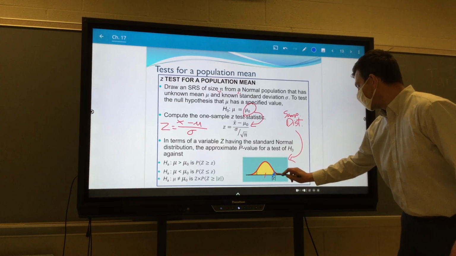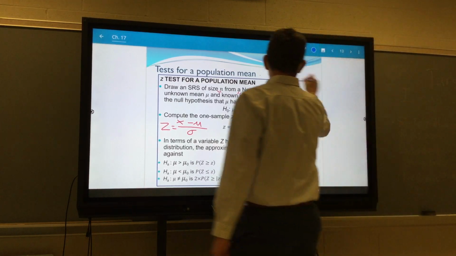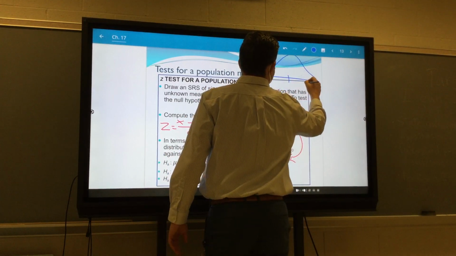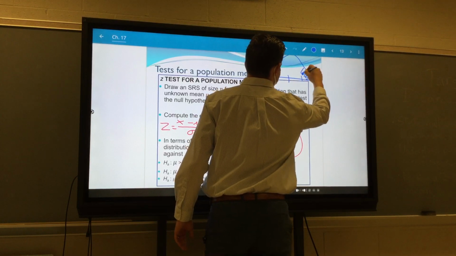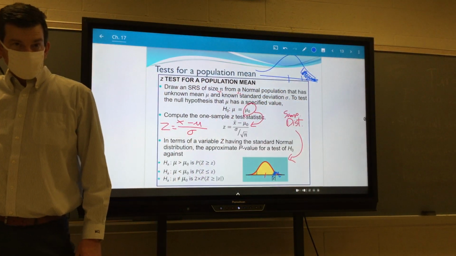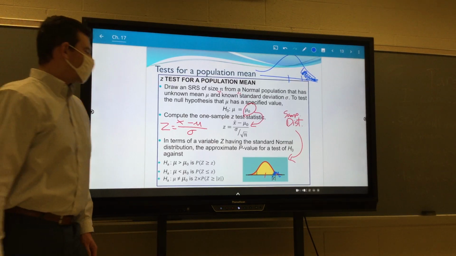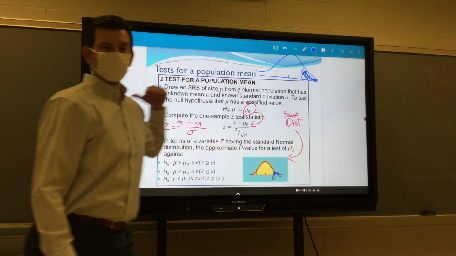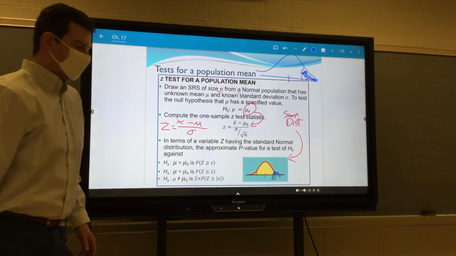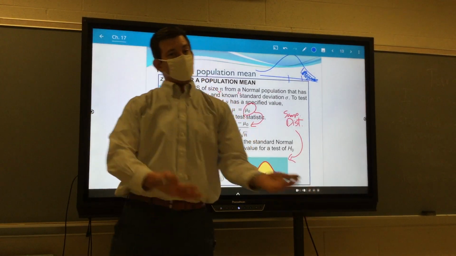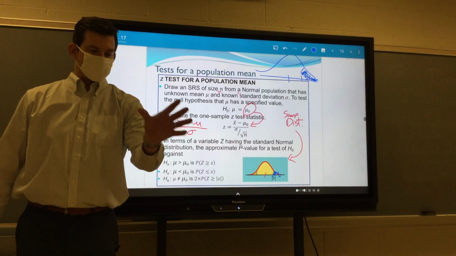In other words, what's the probability that we have data in this tail? That's a one-sided alternative hypothesis. Or it could have been in the other direction. What if our sweetness was actually increasing? We expected 0.